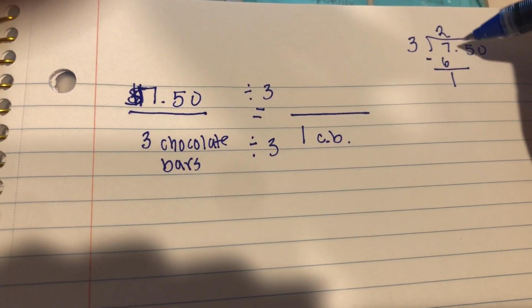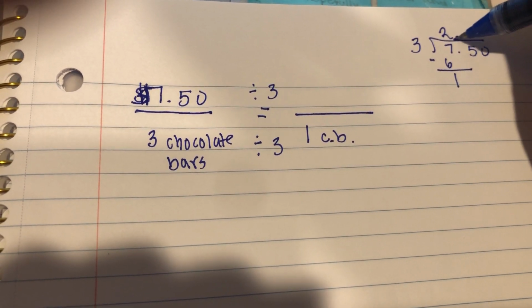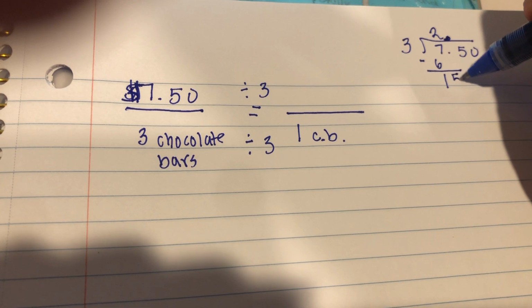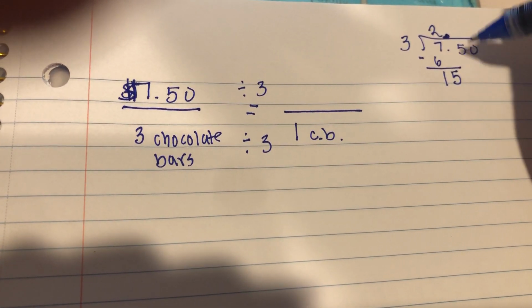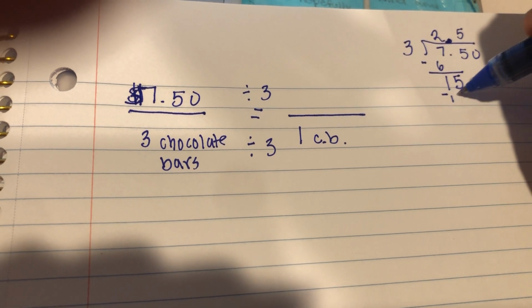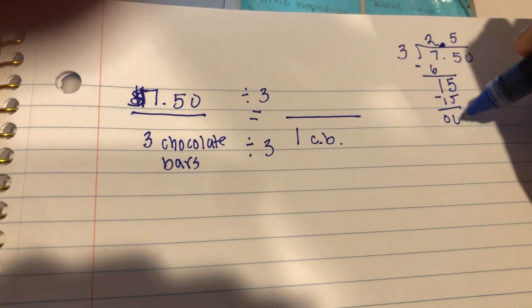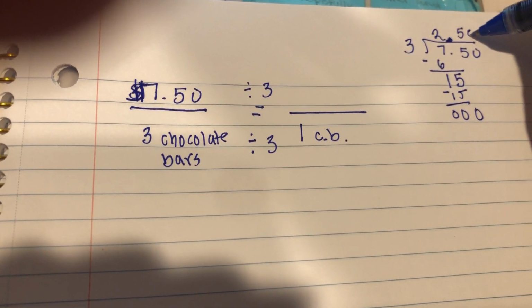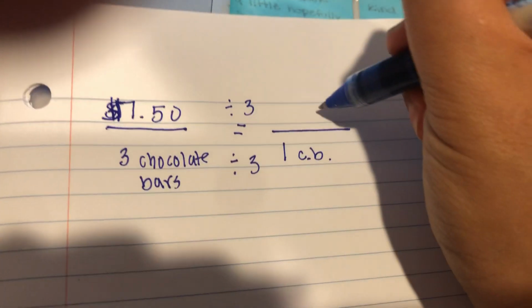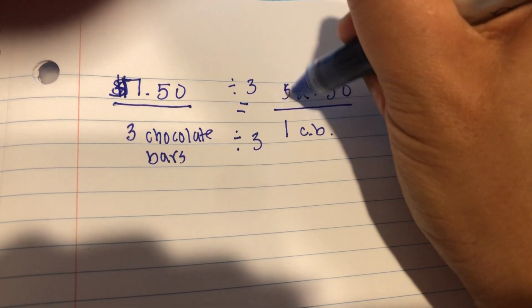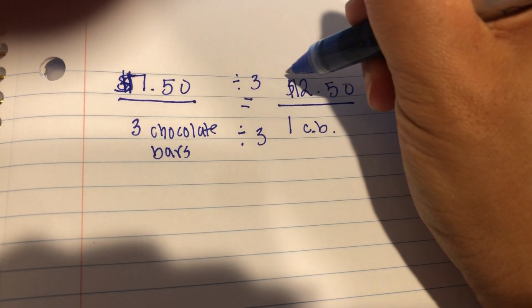Now, there's a decimal right here, which means I have to add the decimal in the same spot. Now I bring down the 5. So 3 goes into 15 5 times. And so it's 0, and you bring down the 0. 3 goes into 0 0 times. So really, 1 chocolate bar costs $2.50.